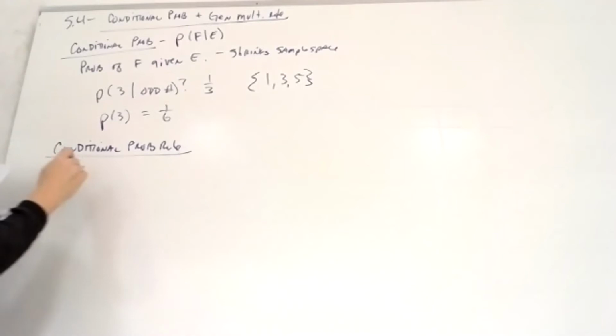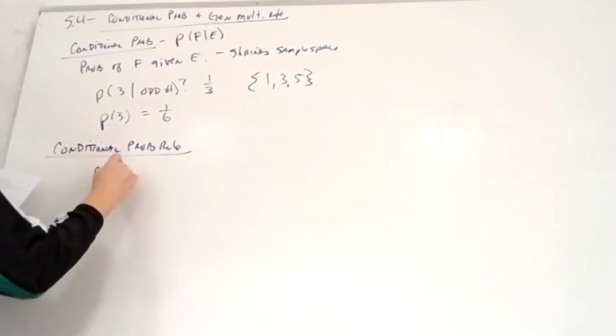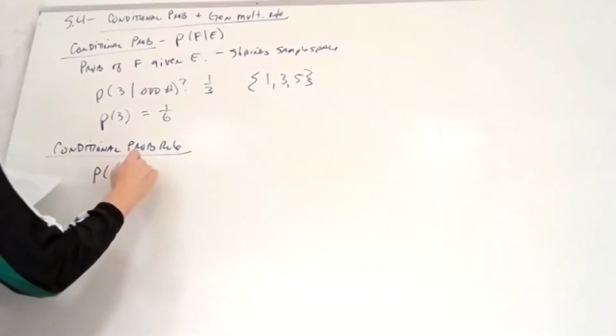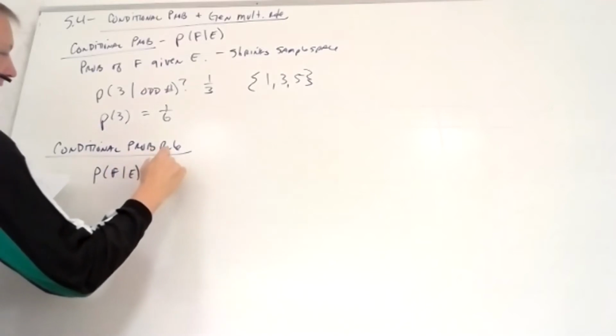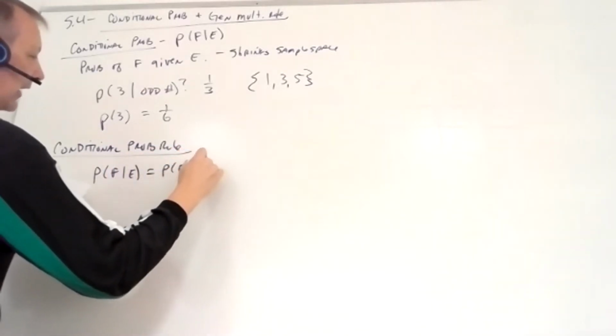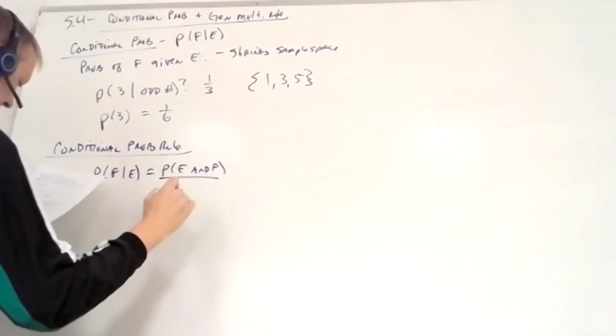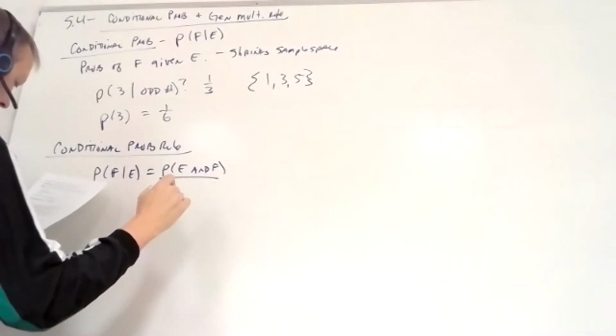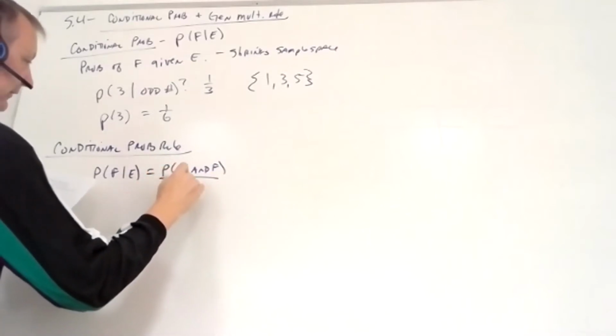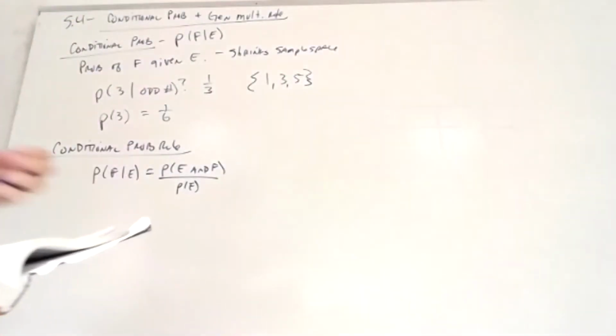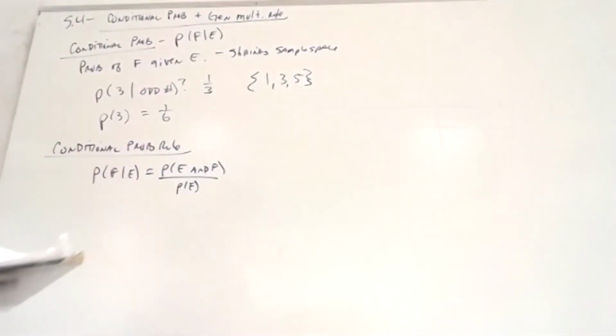Okay, so that says the probability of F given E equals the probability of E and F divided by the probability of E. Okay, now I know that my notes are off a little bit, so I'm going to go to the book to make sure I write this down right, because this one always gets confusing to students and I need to fix my notes.